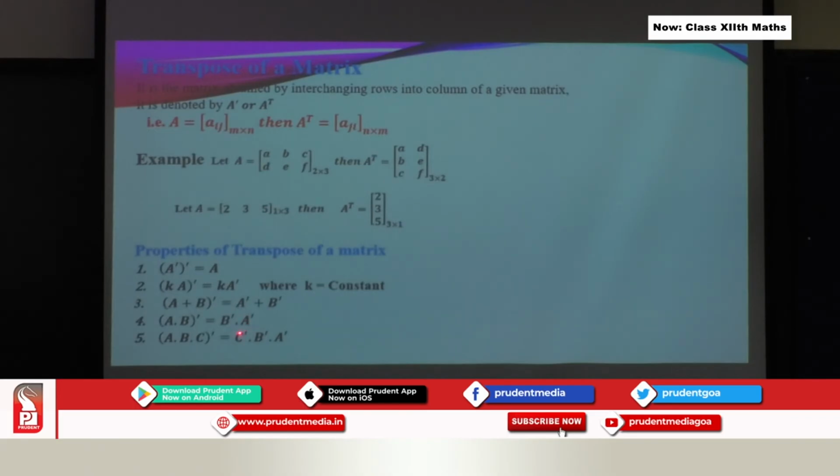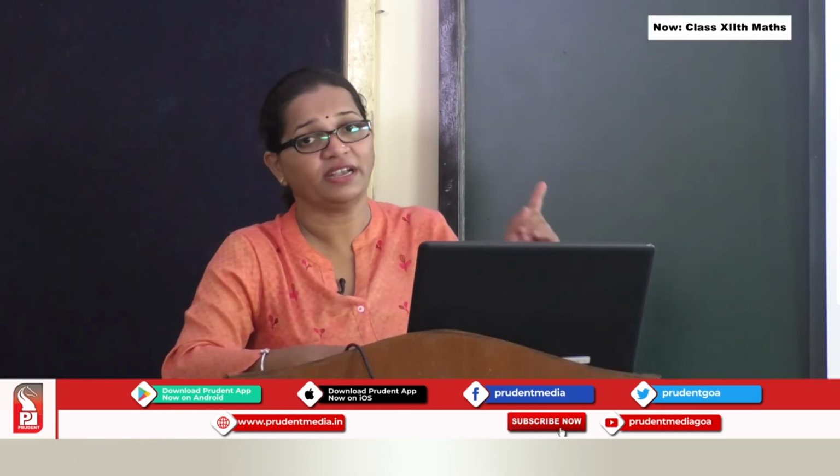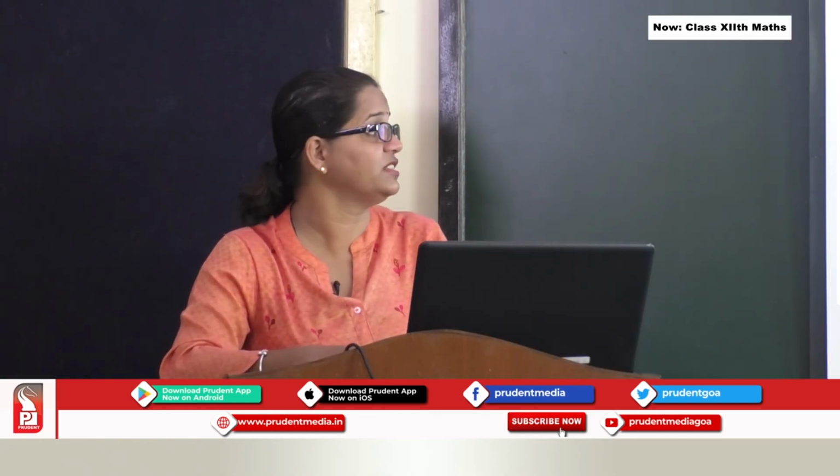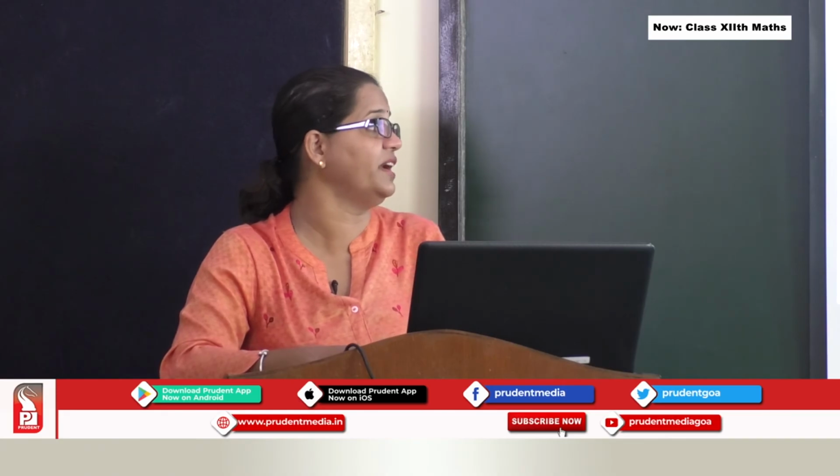You can call it the reverse property. A into B the whole transpose, when I find it, the output will be equal to B transpose into A transpose. Not A transpose into B transpose. It is B transpose into A transpose.